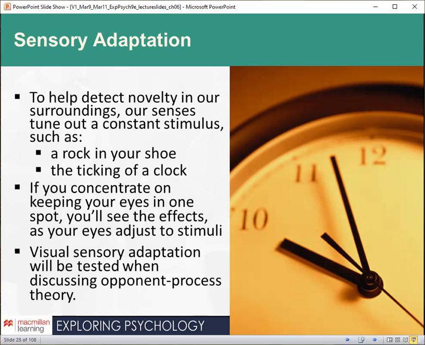But after a while, you being in that room, it no longer affects you anymore. You sort of adapted to it. All right. So that's what we tend to want to do. We want novel stimuli, stuff that is new into our environment, because that gives us a lot more information. That's more useful to us. So until something changes, we tend to adapt to what's already there.